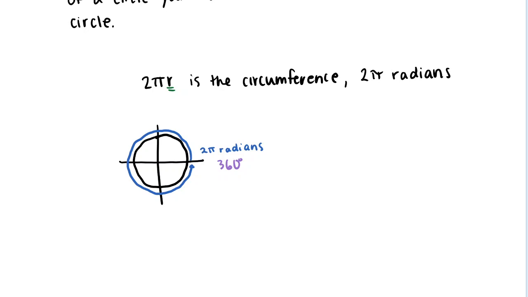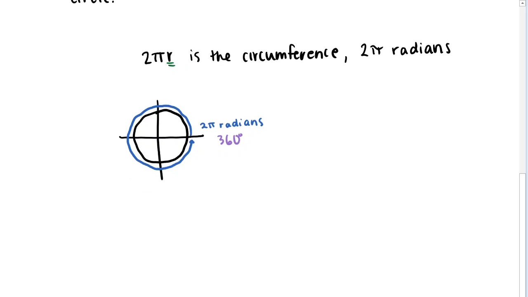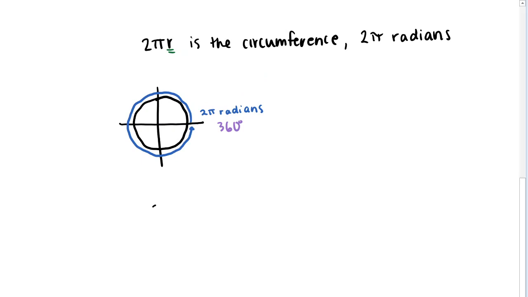And in a similar vein, if 2 pi times our radius gives us the full circumference of the circle, then we know that pi times r, half of that, is half the circumference of any circle.